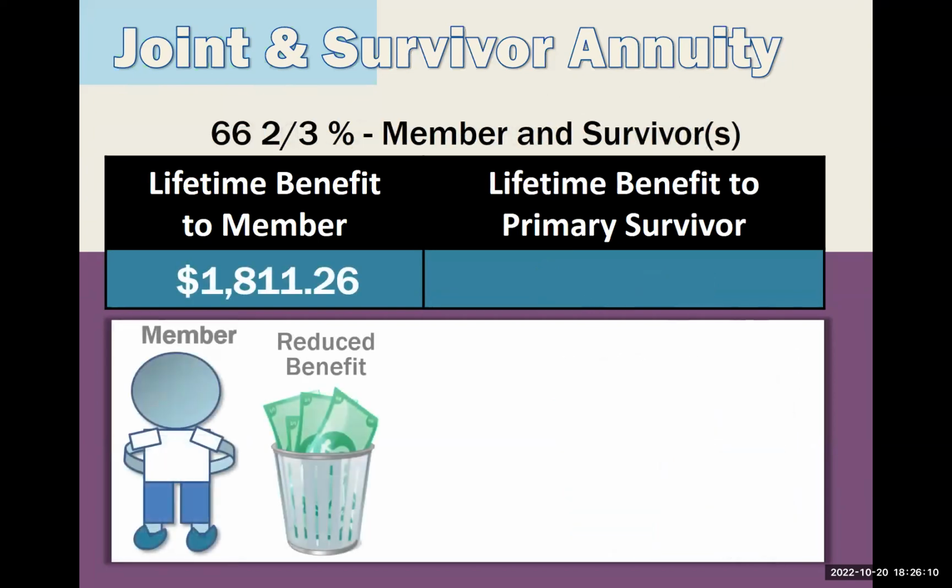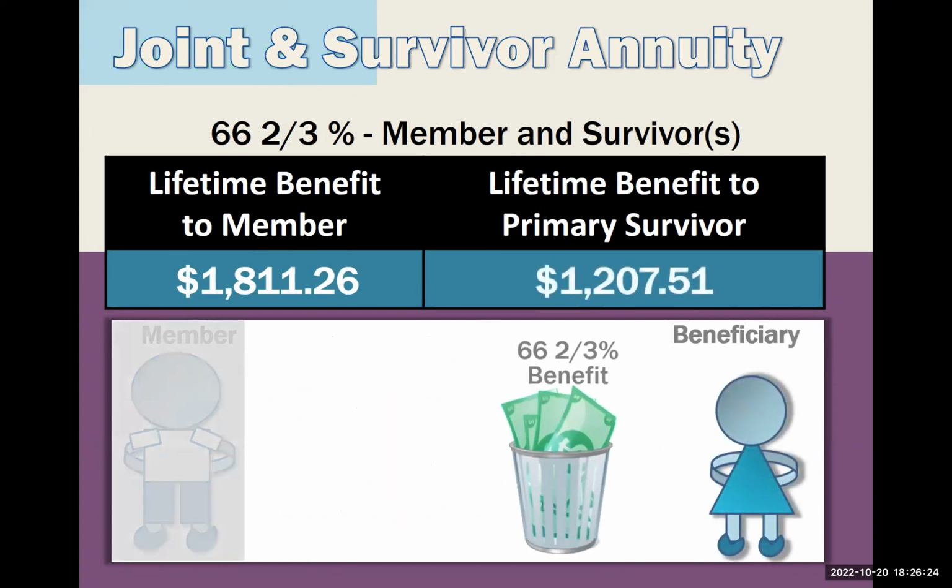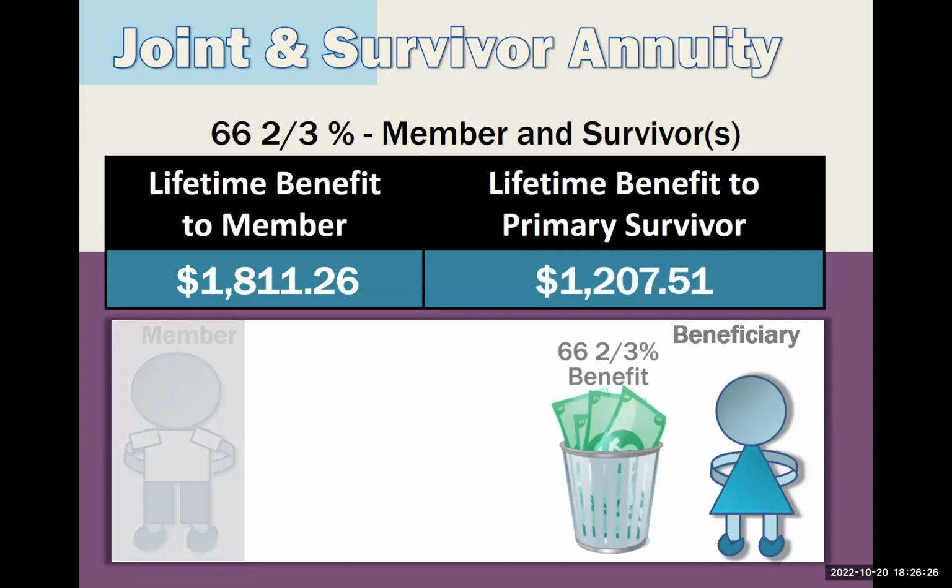Now, if electing the 66 2/3 joint and survivor option, you're going to be receiving a reduced pension. It's going to be less of a reduction than the 100% was. And when you pass away, then your beneficiary will receive 66 2/3 of your benefit for the rest of his or her lifetime.